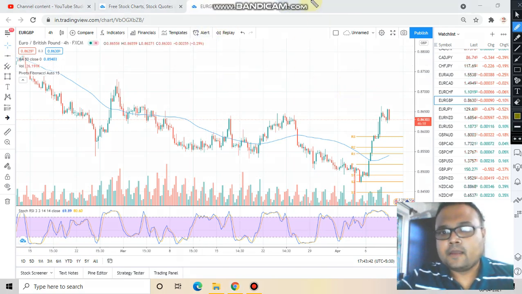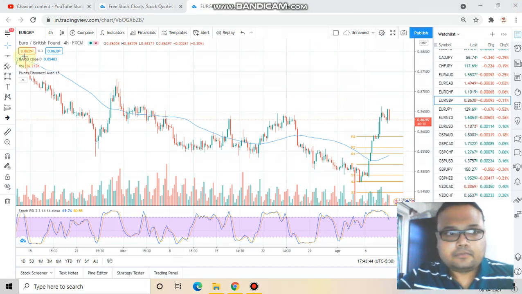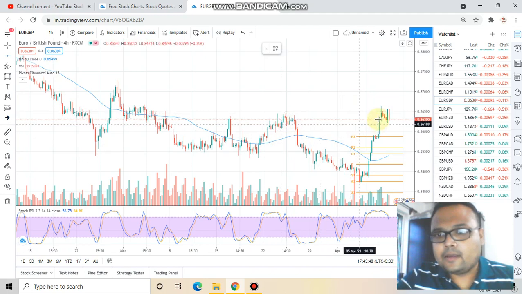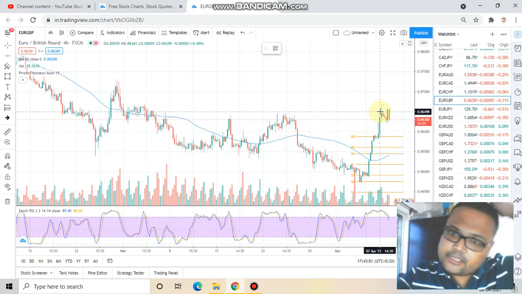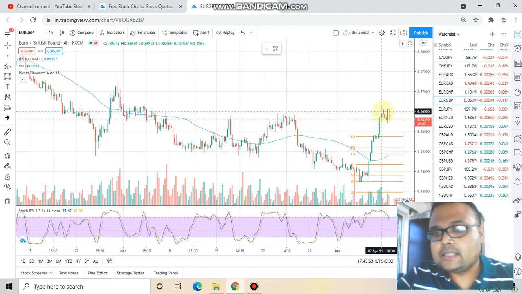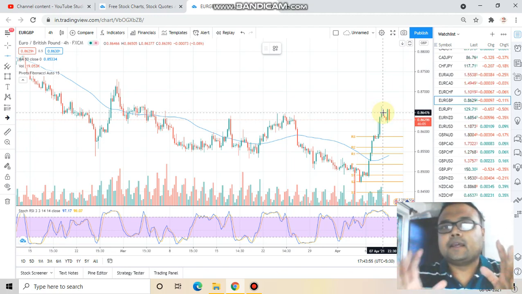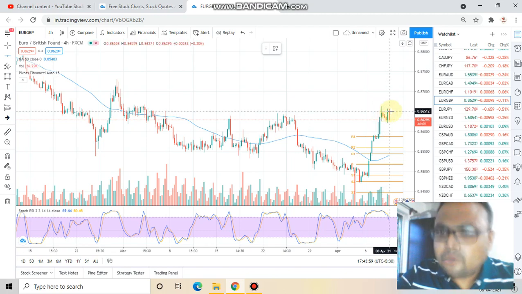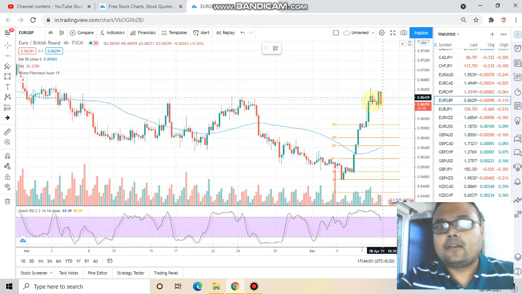Isn't it? And if we consider this high, we can see that after reaching this particular price level, the price started stumbling, the price is unable to go up, and as a result, we can see a red candle right now.